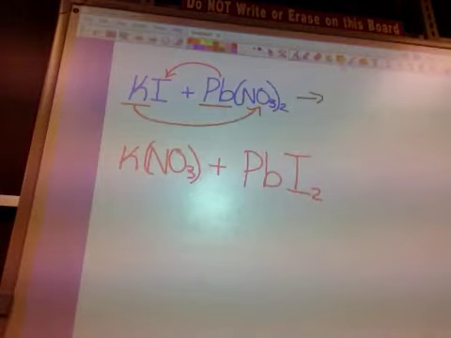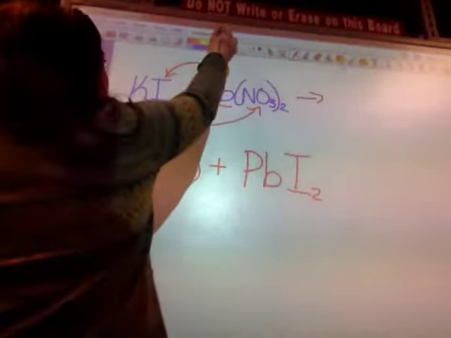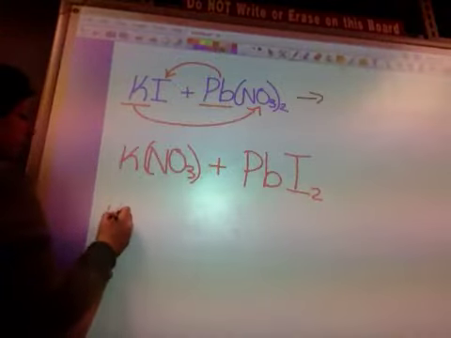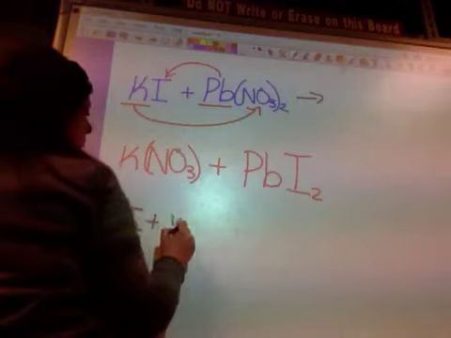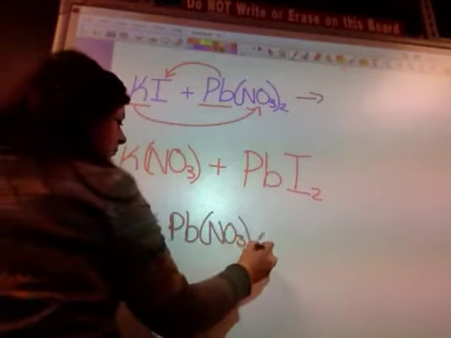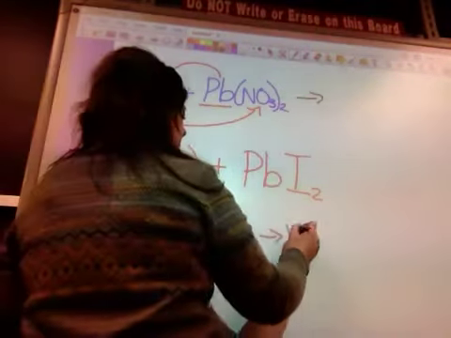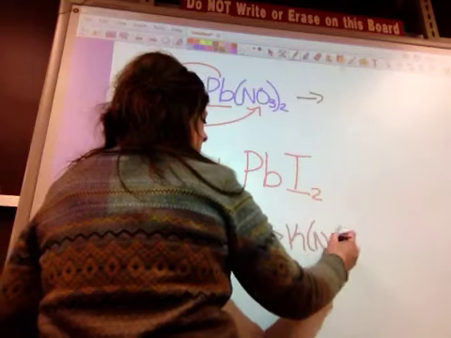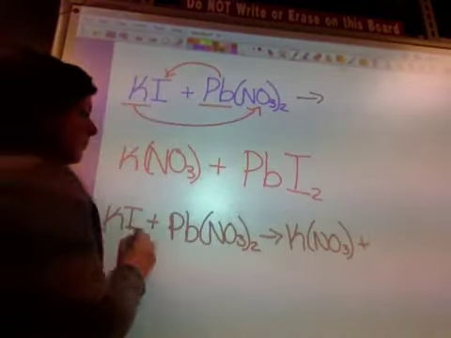Okay, so let's write out our entire reaction, and then let's also balance using coefficients. So we have potassium iodide reacts with lead 2 nitrate to produce potassium nitrate and lead 2 iodide.